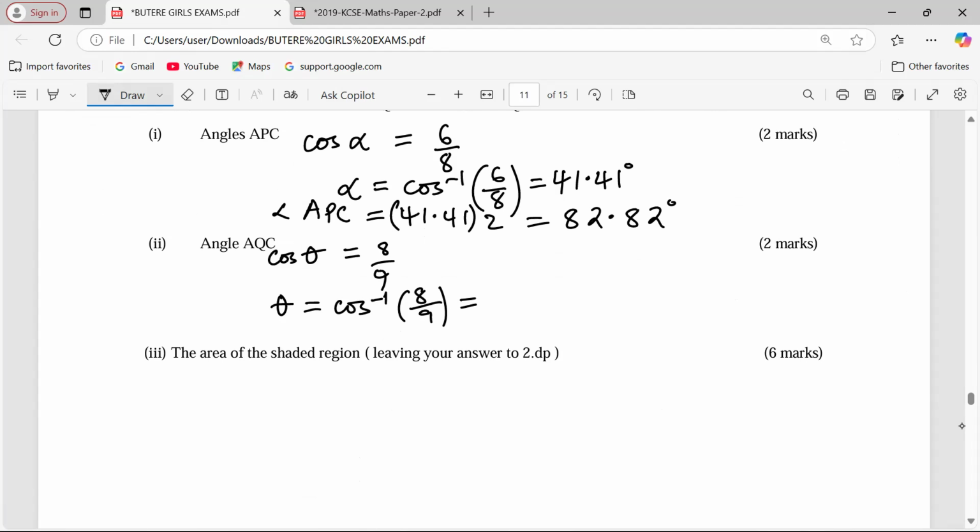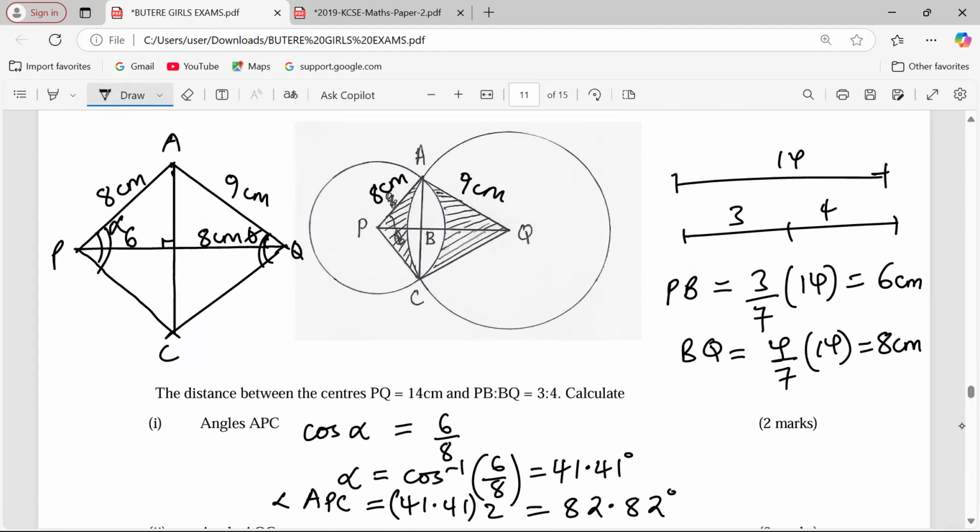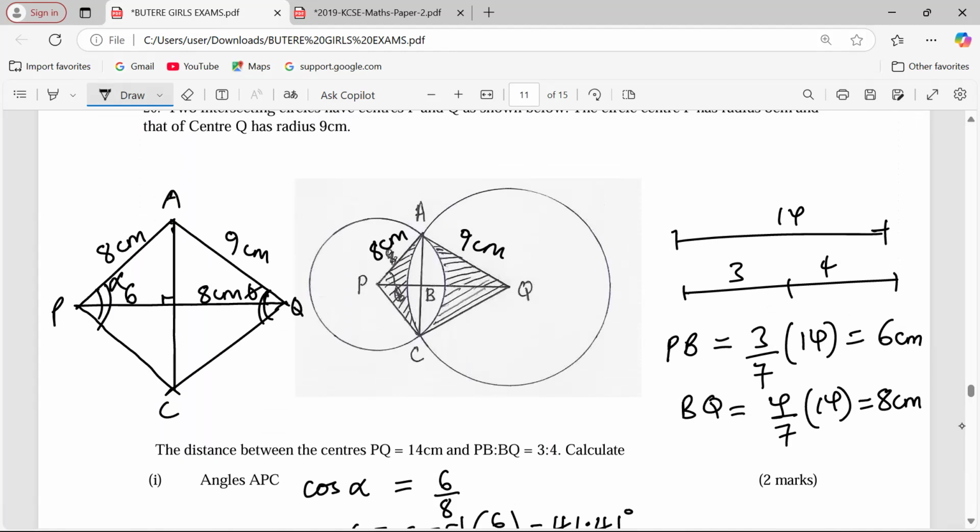This gives us 27.27 degrees. So the whole angle AQC, when we multiply this by 2, is, is it 54? Should confirm that. 27.27 multiplied by 2 is 54.54 degrees. So we have gotten the angles by applying trigonometric ratios, or simply trigonometry.